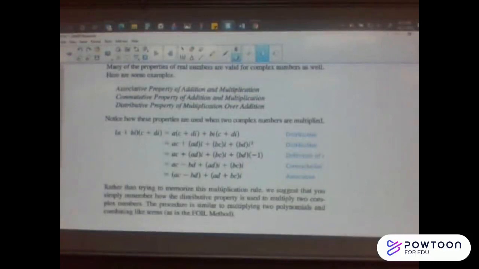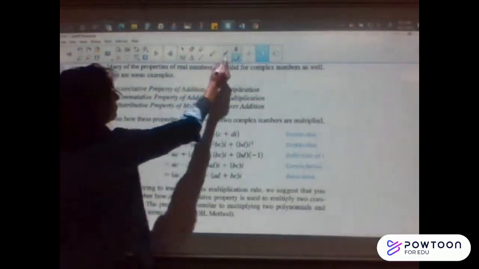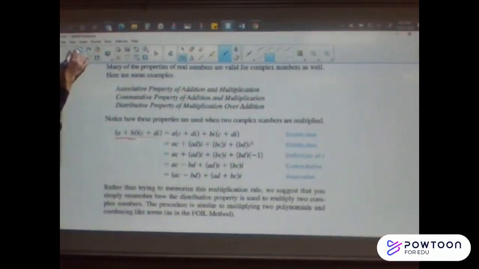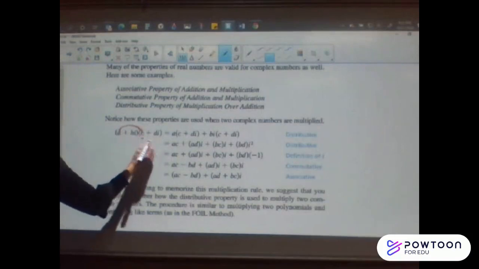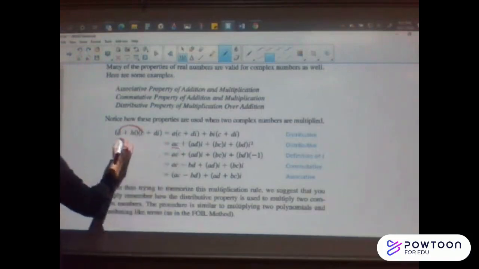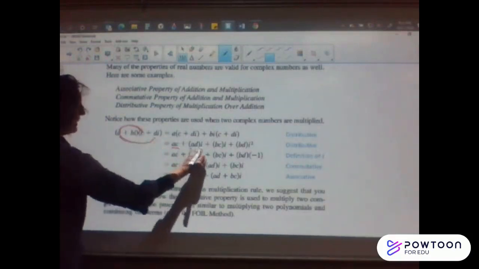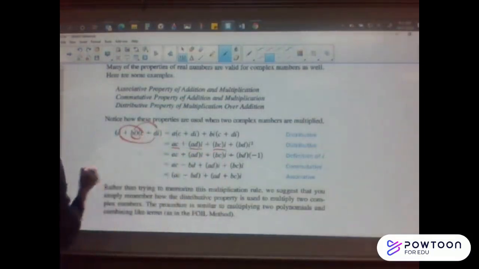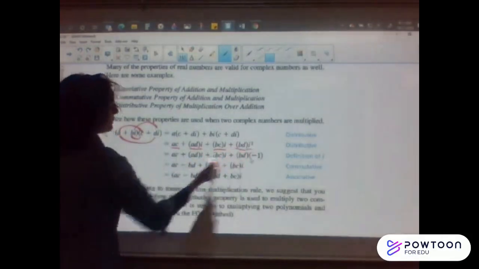Now we can also multiply two complex numbers together. So if I have A plus BI times C plus DI, we can use FOIL on those. So first is our AC, outside ABI, inside BCI, and last, our BD times I squared.